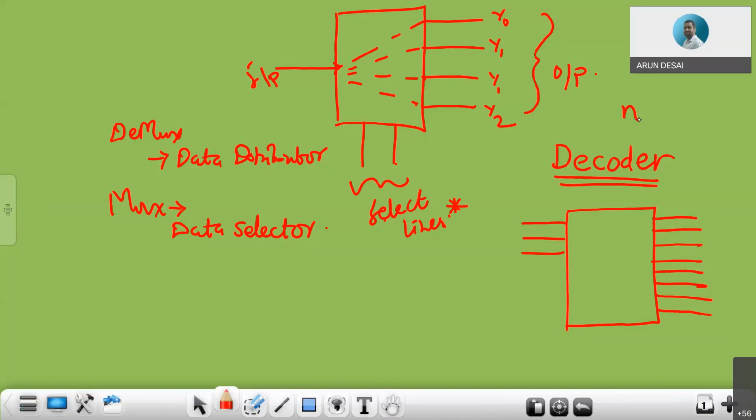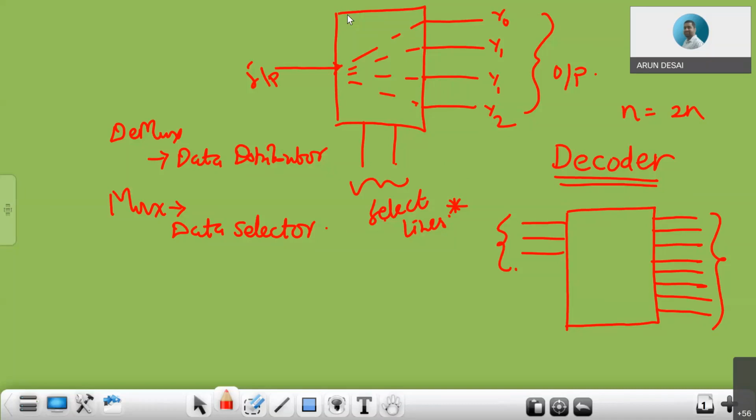Suppose n is the number of input lines, then 2^n output lines are present.